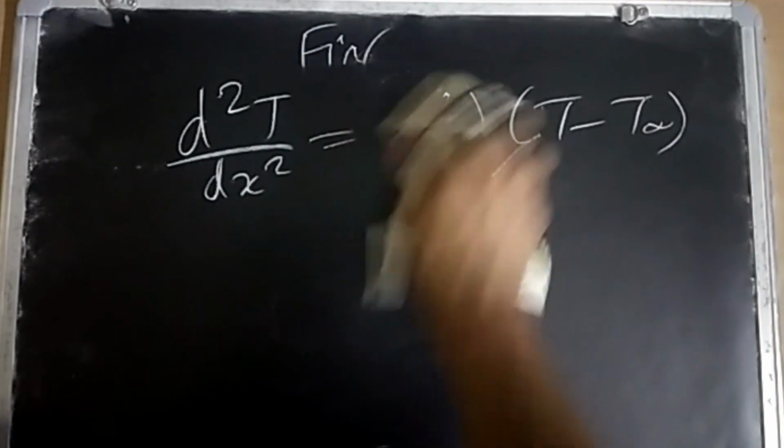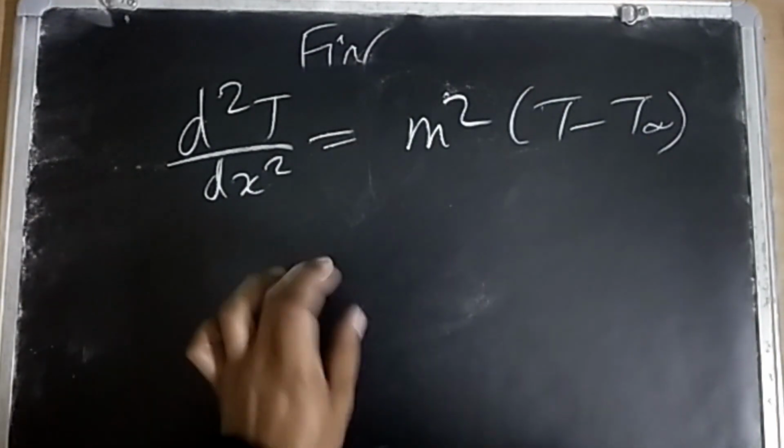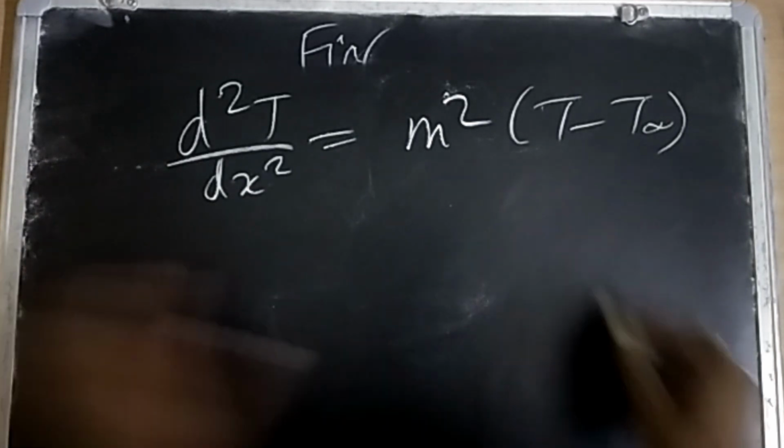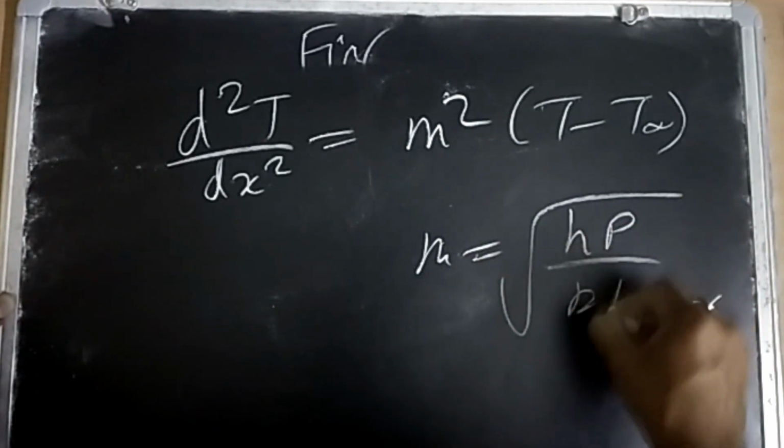Okay, so this is m square. There's a reason behind this m square, because finally we need e raised to power minus mx. So m is under root hP by KA. Finally solving this, we get that equation that I told you.